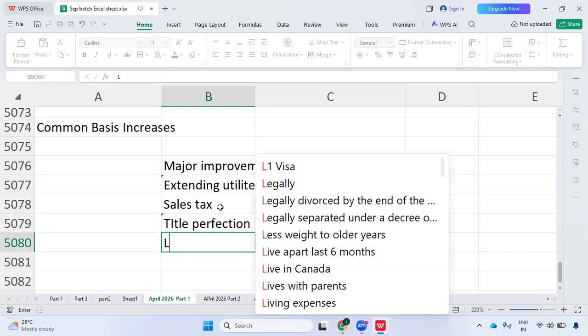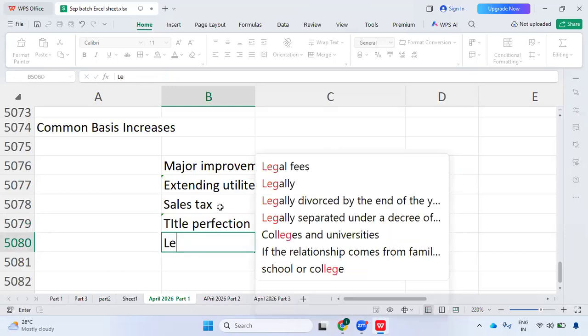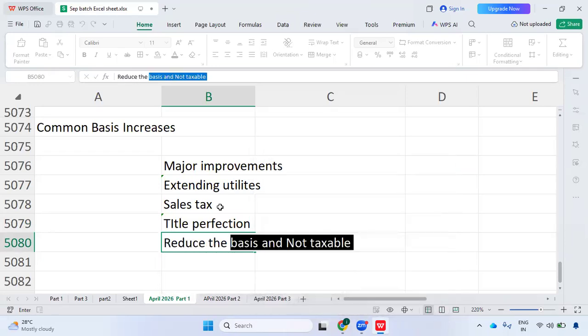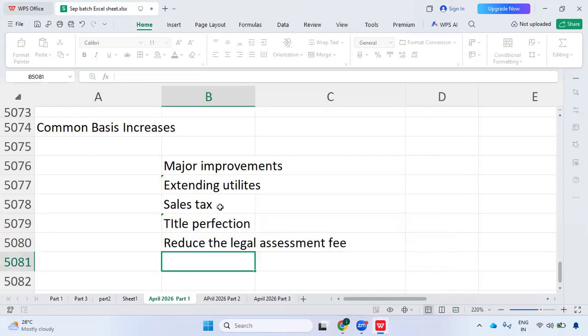Legal assessment, reduced assessment. Okay. No one remembers, only two people. Accounting fees. Okay. Accounting fees and zoning cost. Perfect.